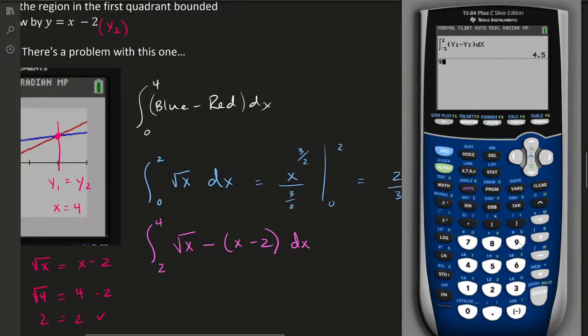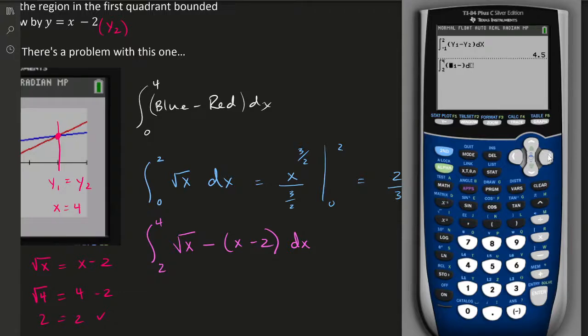math 9. Let's try that again, math 9. And we'll go from 2 to 4. Alpha trace y1, the upper curve, minus y2, alpha trace. Oops.